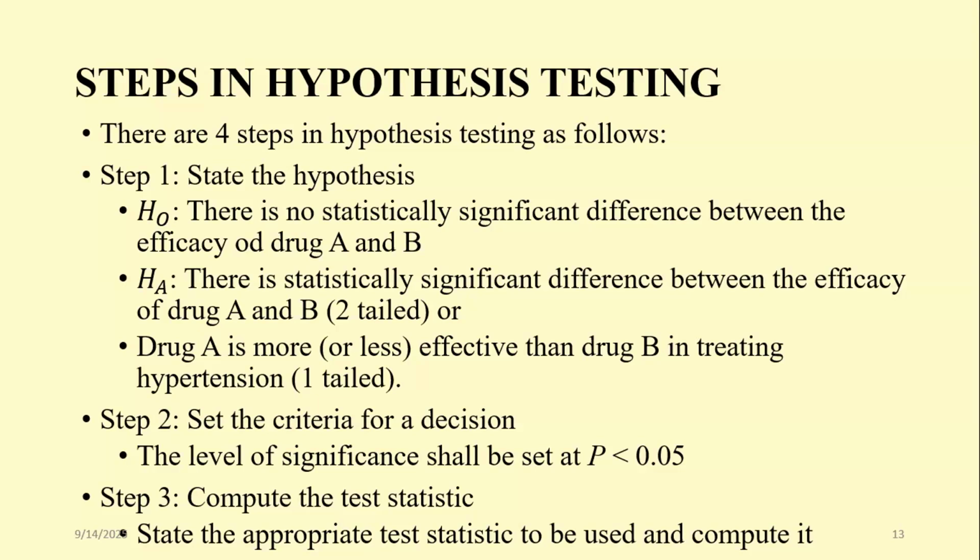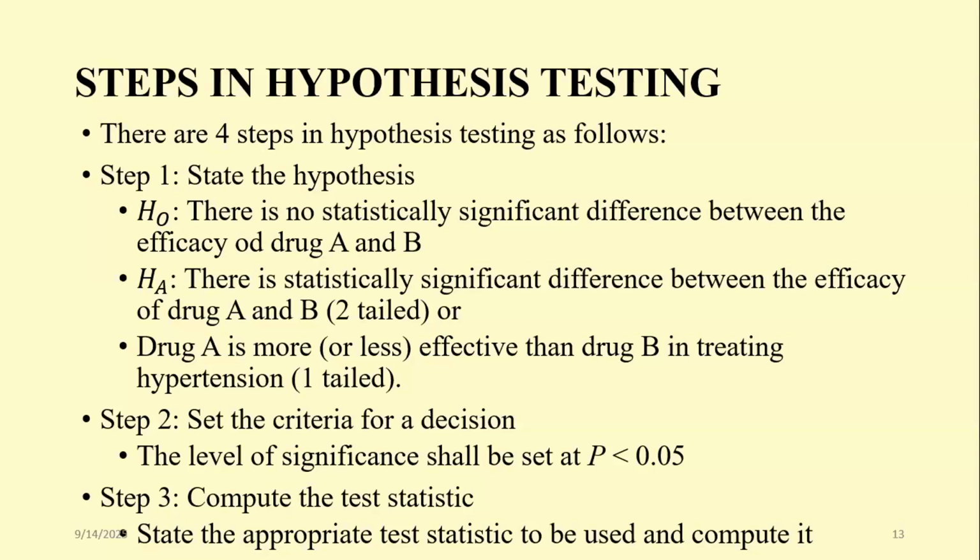So when you state your null hypothesis and alternate hypothesis, you then set criteria for a decision. That is, you set the level of significance that you are going to use, which we usually take as 0.05.